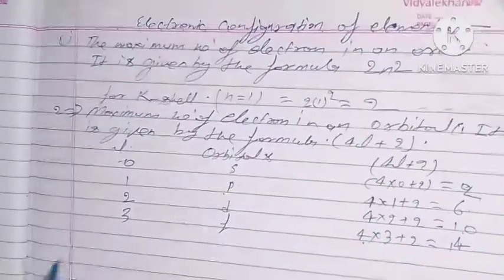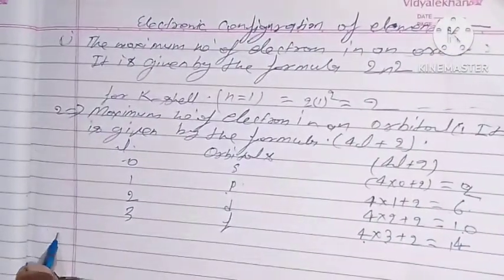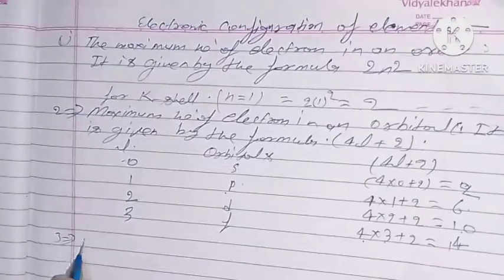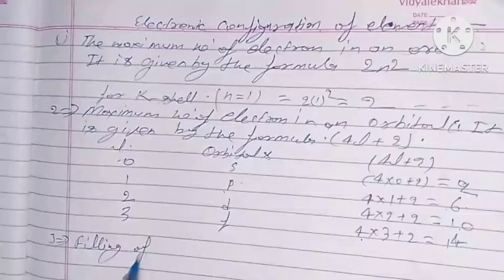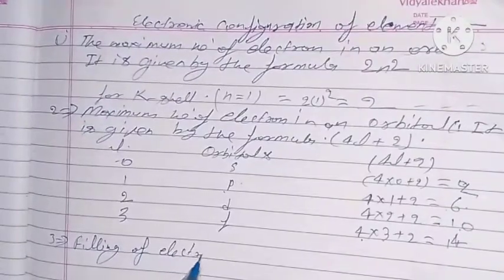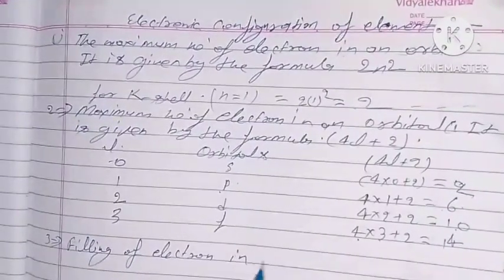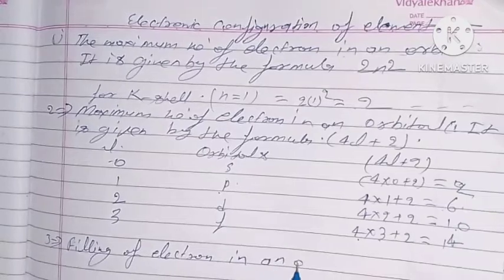Third point: filling of electrons in an orbital.